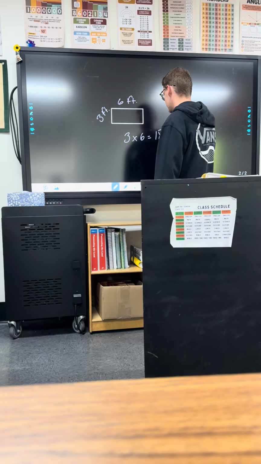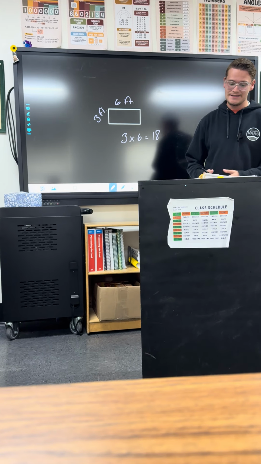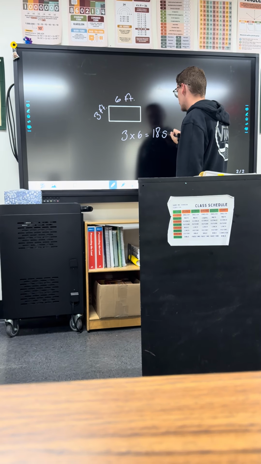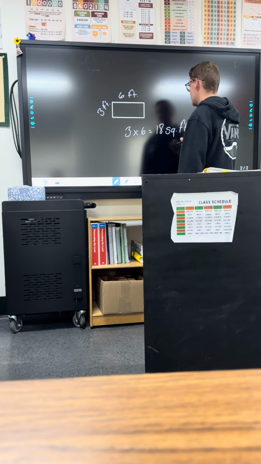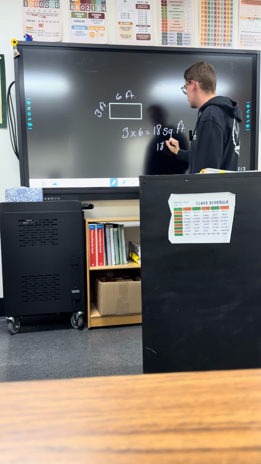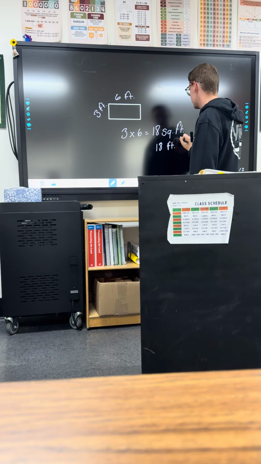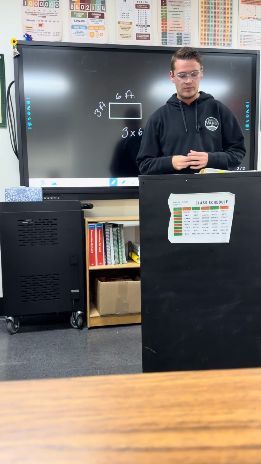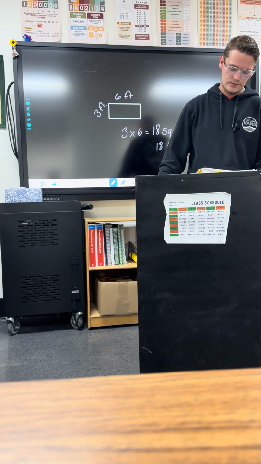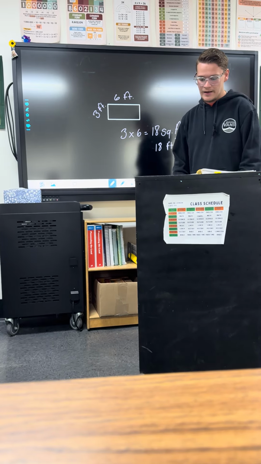That's going to be 18. But remember, our answer is not just 18, it is 18 squared, and this is feet, so it's going to be 18 squared feet. If you're more comfortable doing 18 feet with the exponent 2, that is perfectly fine as well, whichever you want to do. And your book is probably going to mention squared feet a little more often, but that's all right.